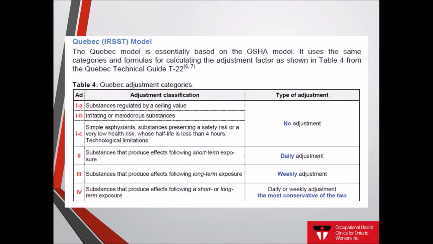For a substance that produces effects following short-term exposure, it's adjusted for daily exposure. For one that produces effects following long-term exposure, it is adjusted for weekly exposure. And lastly, for a substance that produces both short-term and long-term effects, both daily and weekly adjustment values will be calculated, and then the most conservative of the two will be applied.